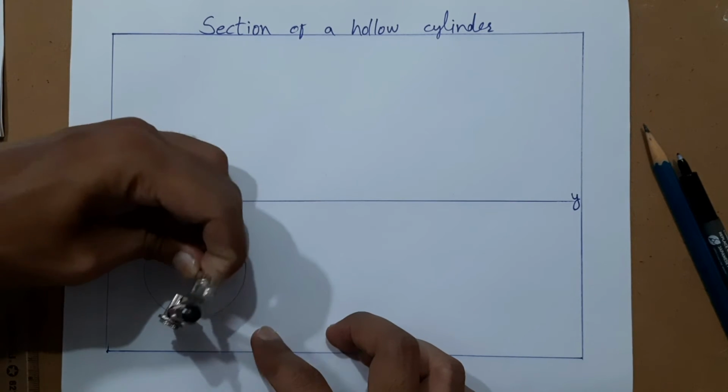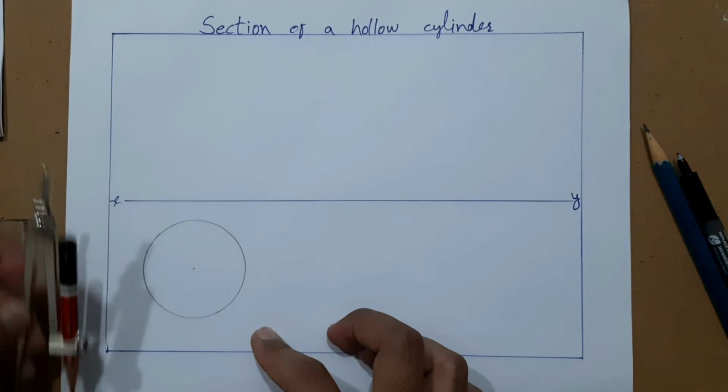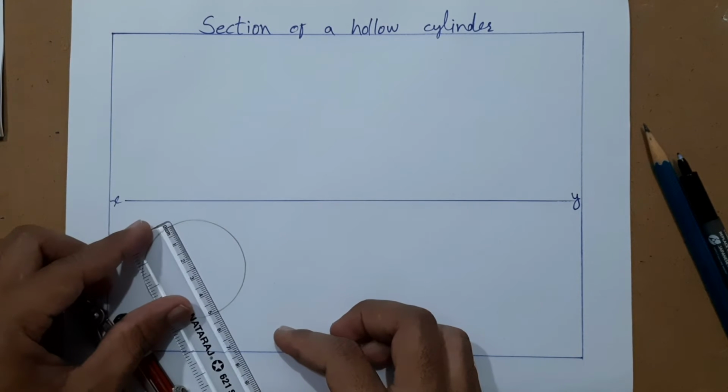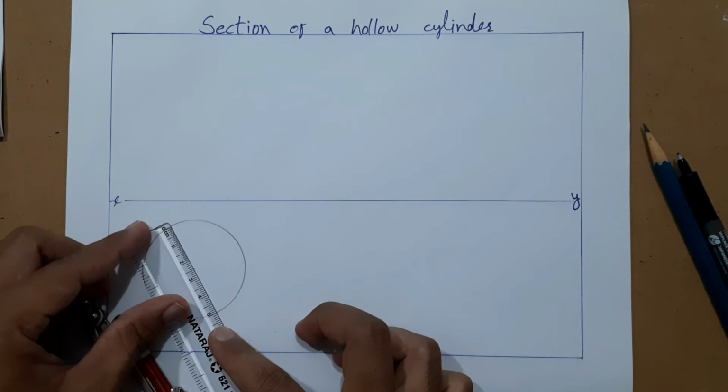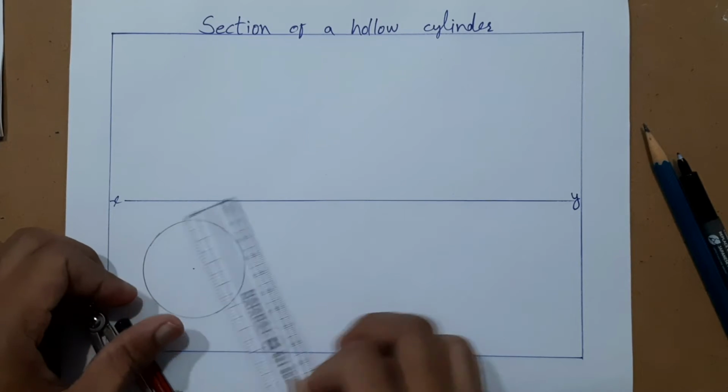Cylinder top view is a circle of 50 mm diameter, right? So here is the 50. Okay, like this we have got.